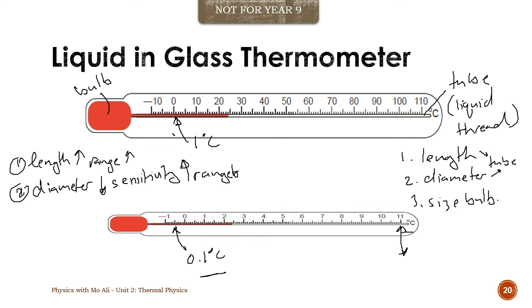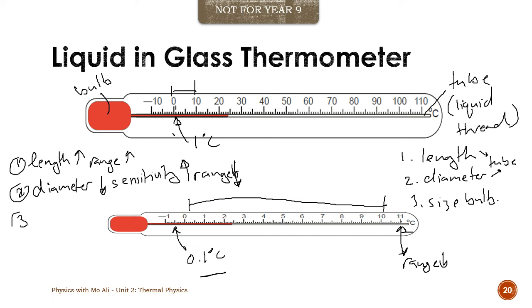Because instead of 10 degrees taking up this much space, 10 degrees in the thinner thermometer take up a lot more space because it has to expand along the length of the tube. So the range decreases. So that's what happens when you decrease the diameter. You increase sensitivity, but you decrease the range.